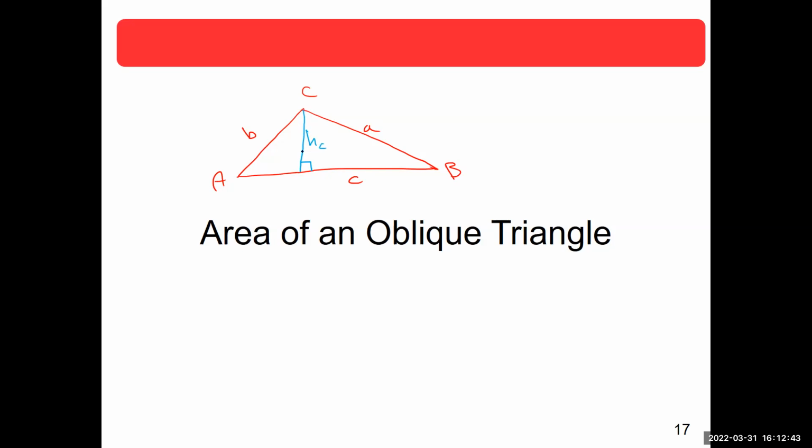That's the height from C to base C. HC is the height from C, the big angle, to base C.